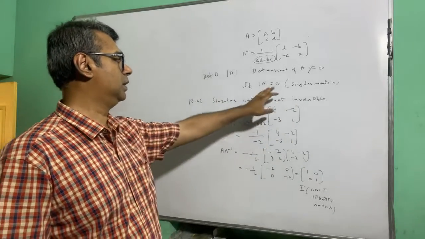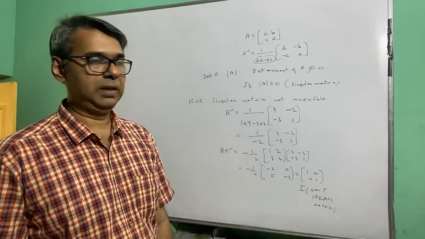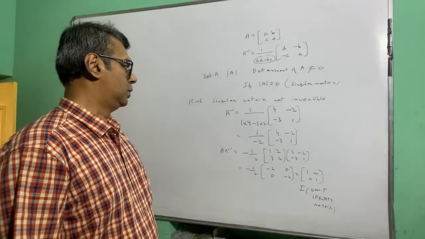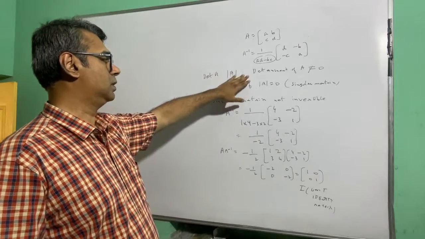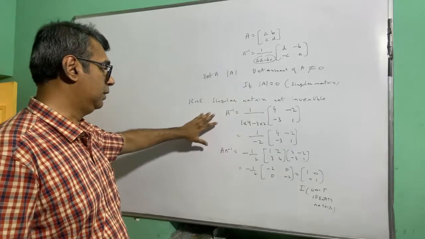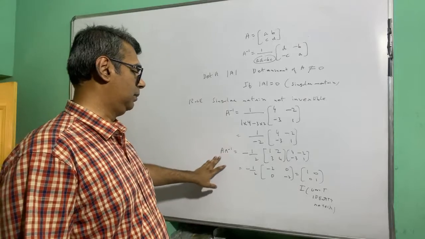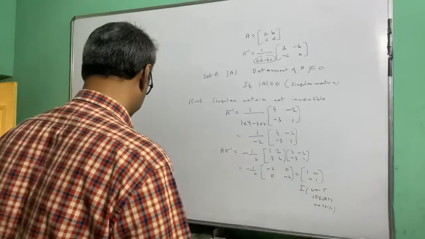If determinant is 0, it is a singular matrix, and for a singular matrix you cannot find the inverse. So this is the topic for today. What is A, what is A inverse, then under what condition you can find the inverse. If you can find A inverse and multiply with it, the answer will always be unit or identity matrix.